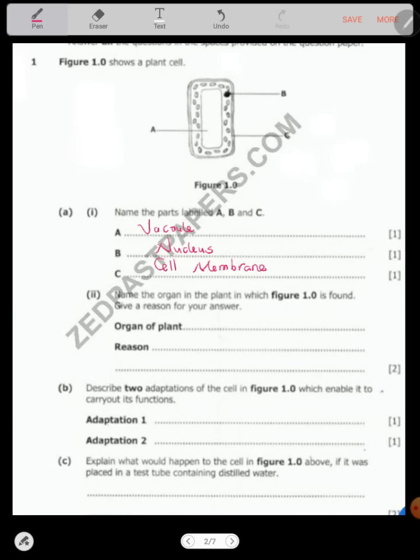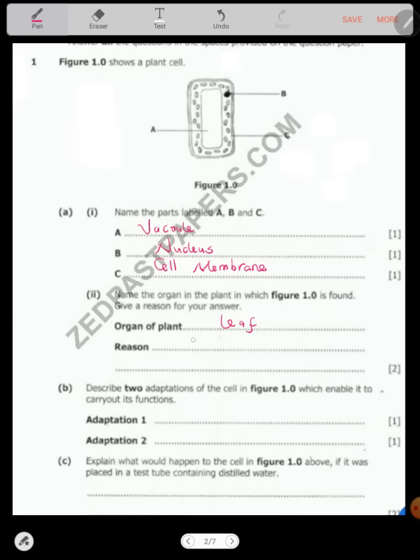Name the organ in the plant in which figure 1.0 is found. Give the reason for your answer. Now, a plant has a lot of organs, such as leaves, roots, stems. Now, where can you find this? You can find it in a leaf. Why?